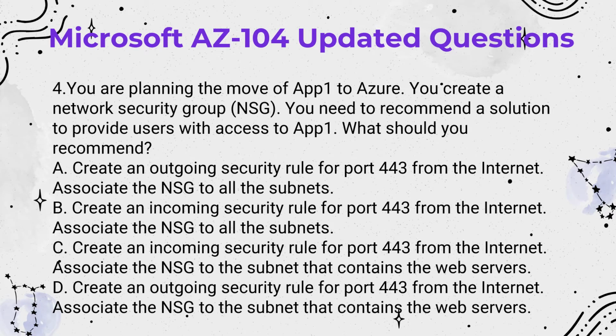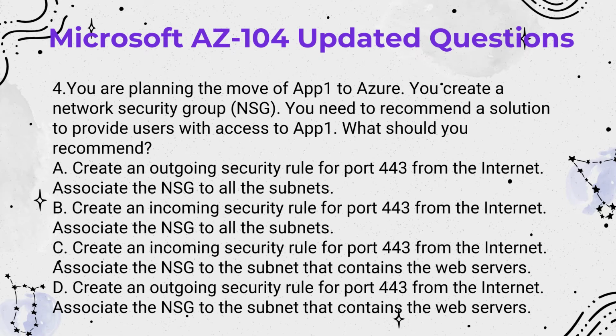4. You are planning the move of App 1 to Azure. You create a Network Security Group (NSG). You need to recommend a solution to provide users with access to App 1. What should you recommend? A. Create an outgoing security rule for port 443 from the Internet. Associate the NSG to all the subnets. B. Create an incoming security rule for port 443 from the Internet.